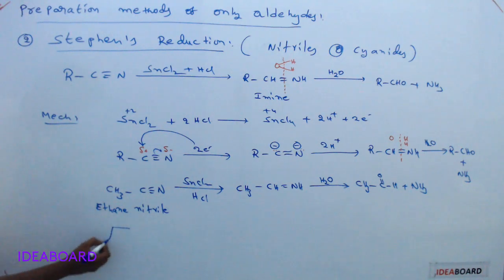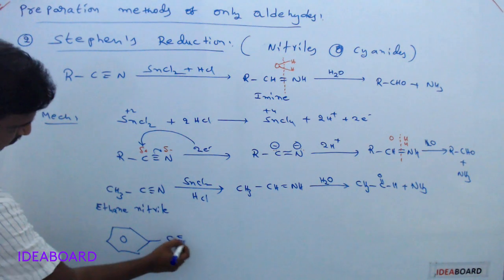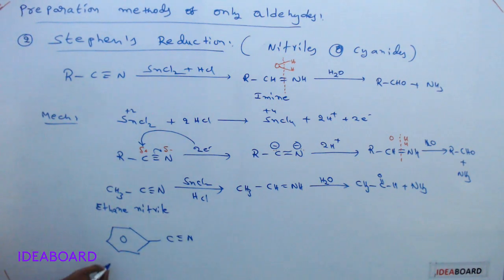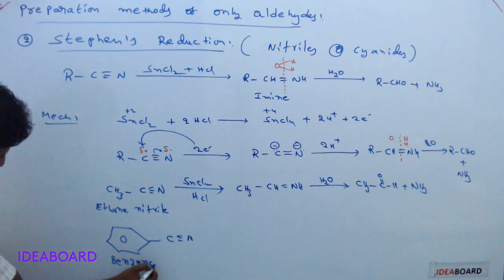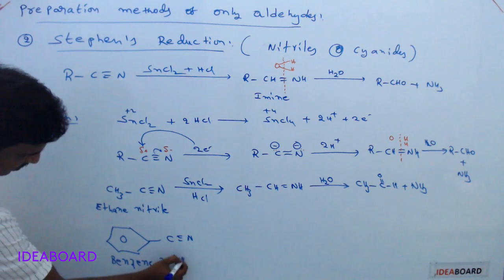We can also take C6H5 C triple bond N, which is called benzene nitrile.